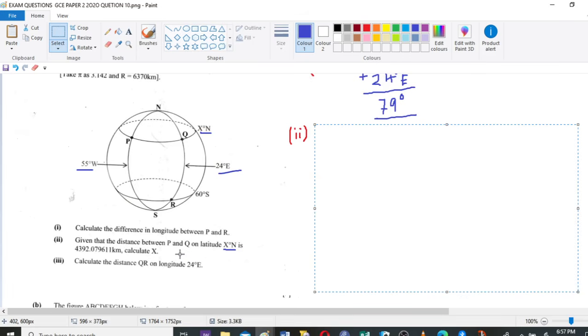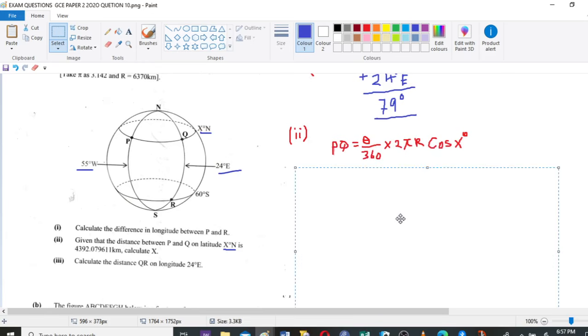So what are we going to do? Well, we know the formula. Remember, the distance between P and Q is along the latitude. So we apply the formula for the distance along the latitude.